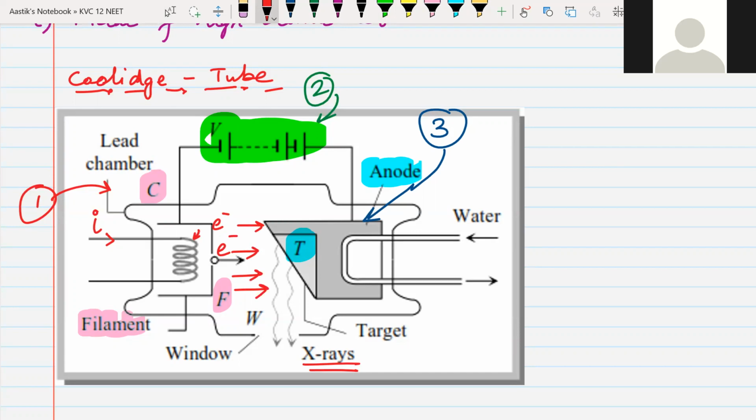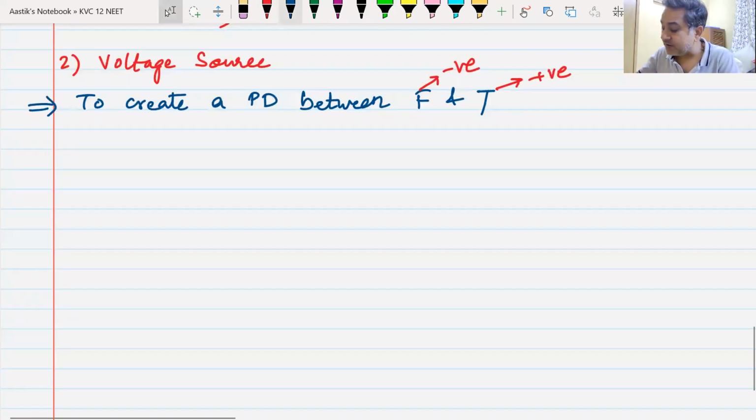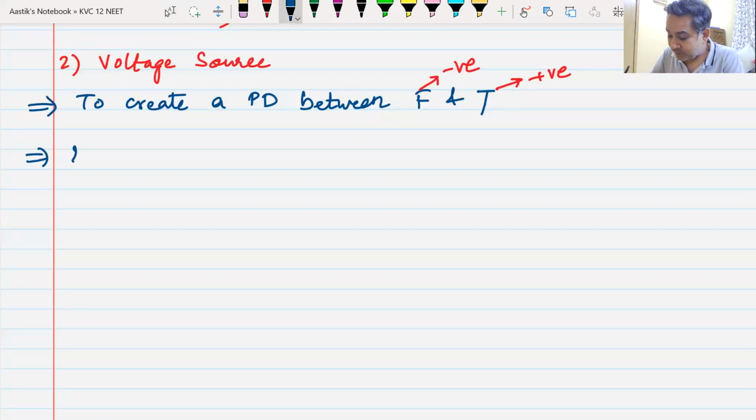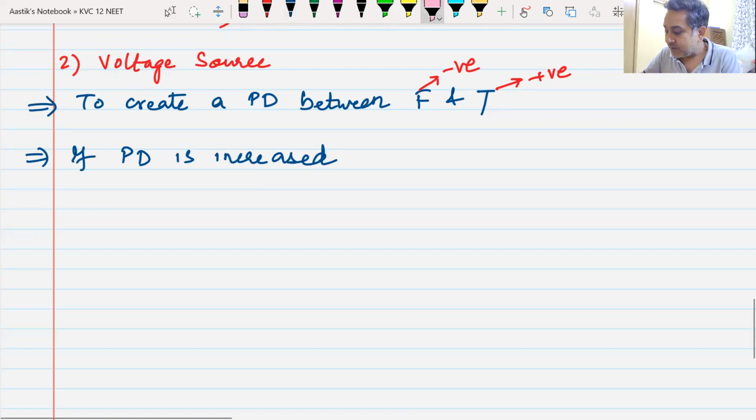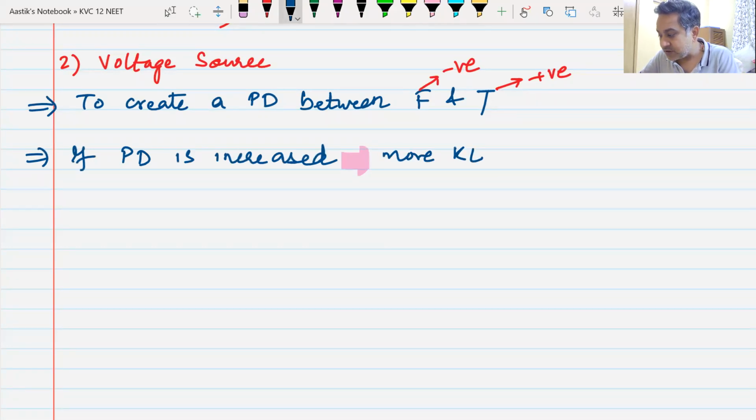Now, if you change the potential difference between the cathode and the anode, what will happen? If the potential difference is increased, that will imply more kinetic energy of electrons.